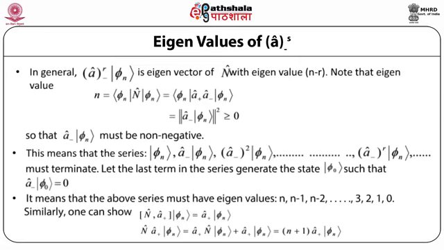Thus, the last term in the series generates the state phi naught, that is the ground state or the lowest state of the eigenvector, such that the lowering operator a minus acting on this lowest or ground state eigenvector phi naught is equal to 0.